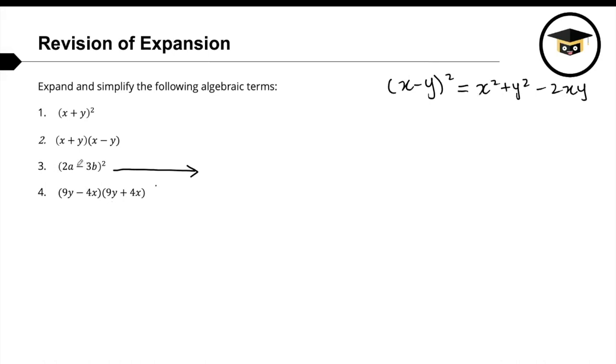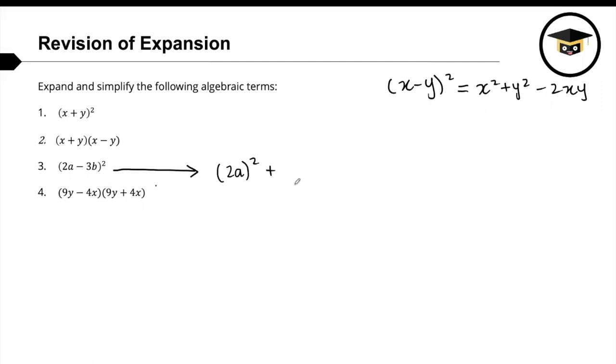So with question 3, we can see we have something minus another something all squared. So looking at this formula, we can see it's the first thing squared. So we square the 2a, and I like to use brackets because we're squaring everything, yeah? A lot of students will just say it's 2a squared, but in reality, it's going to be 4a squared because we have to square the 2 and square the a.